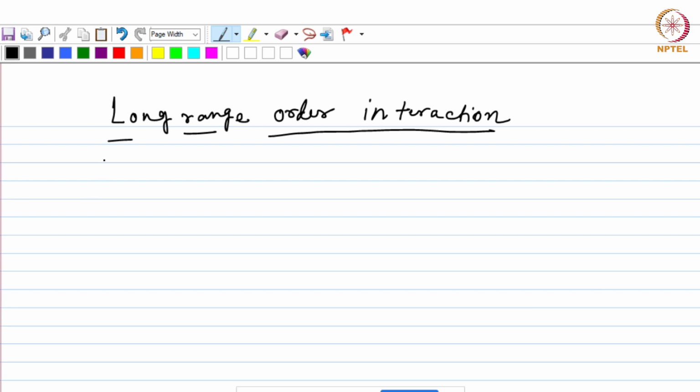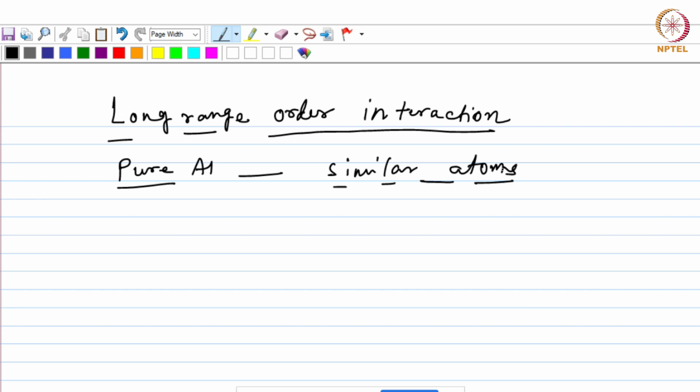So if it is only one type of atom, like in pure aluminium, then in the crystal the atomic arrangements are all similar atoms which are arranged in a particular manner according to the crystal structure. But when you have an alloy, you have another atom present, okay?